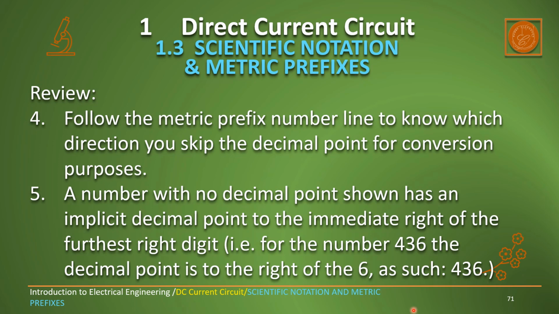Number 5, a number with no decimal point showing has an implicit decimal point to the immediate right of the furthest right digit, i.e., for the number 436, the decimal point is to the right of the 6. As such, 436 point. The point is in the last position.